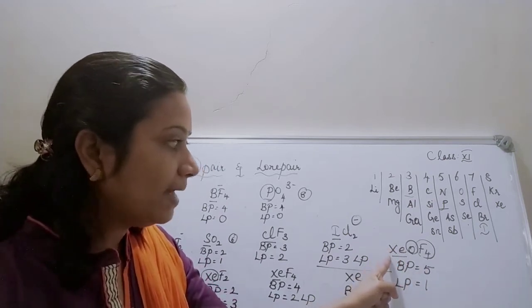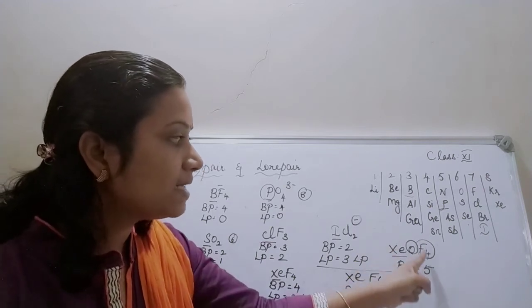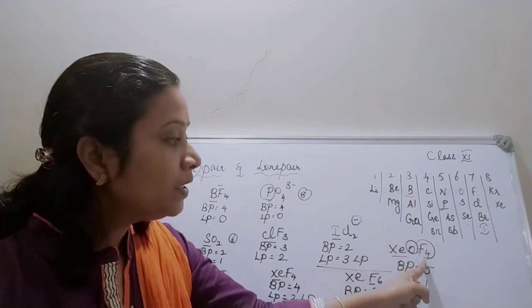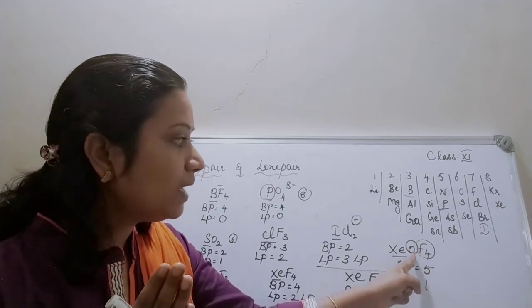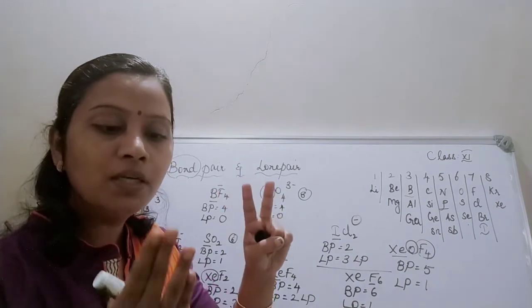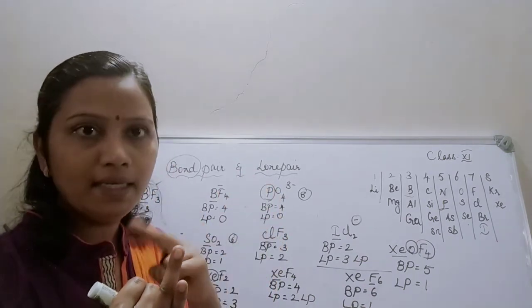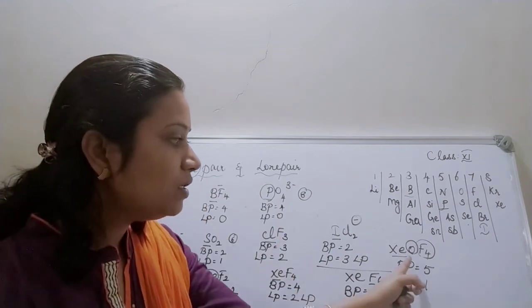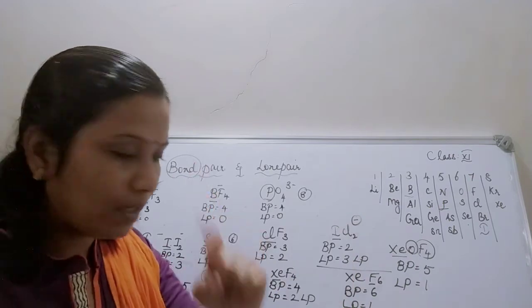Since xenon's valency is 8, out of 8, 4 of its hands are directly bonded to fluorine. So, 8 minus 4 is equal to 4, and 1 oxygen atom has formed a bond. Oxygen forms 2 bonds, so from 4 you subtract 2. So, 2 electrons, which is 1 lone pair.